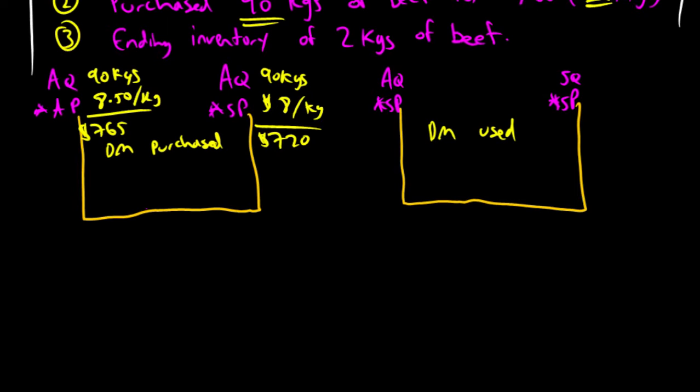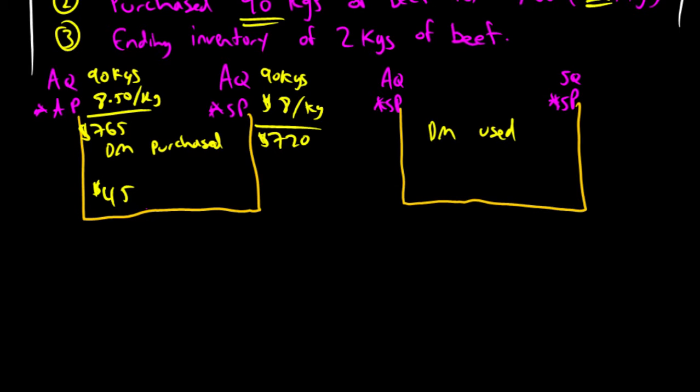Doing the math here, we actually spent $765. If we paid our standard price, we would have only spent $720. We're off by $45. These two numbers are $45 apart. This is a variance. This is a $45 variance. Now we've got to say, is this a good variance or a bad variance? But in accounting, we don't say good or bad.